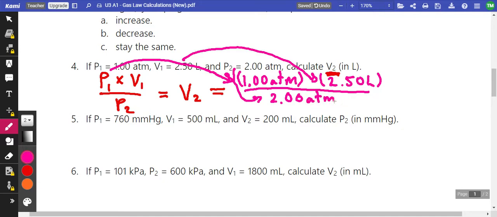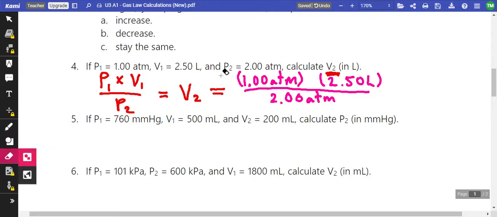Okay, and the rest is just calculator work. My 1 times my 2.50 divided by 2, that's a 2.00. So 1 times 2.50 is going to be 2.50.